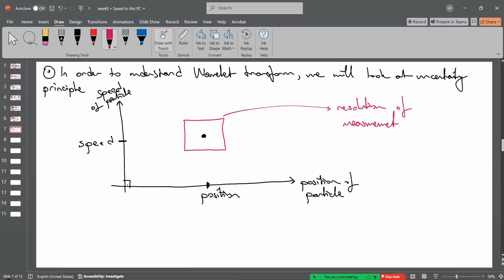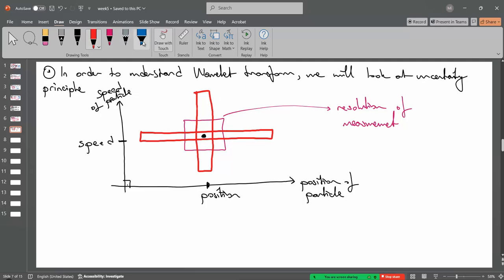Okay, either we can select this one or this one, but if we want to describe the certainty here, if we increase the position error, we have a specific speed, or if we want a specific position, we can spread the speed here, or the error tolerance is increased, right? Just like this one.